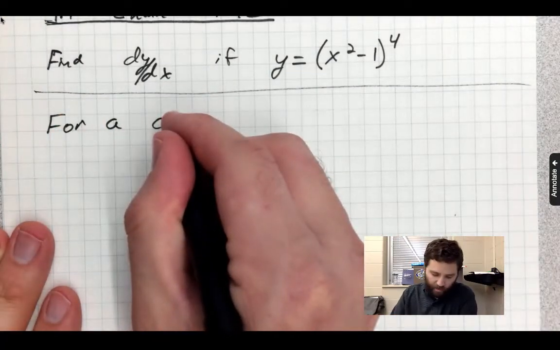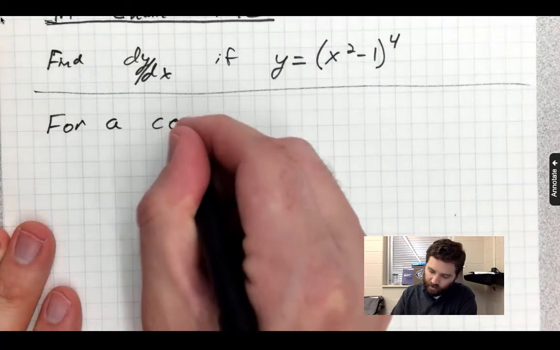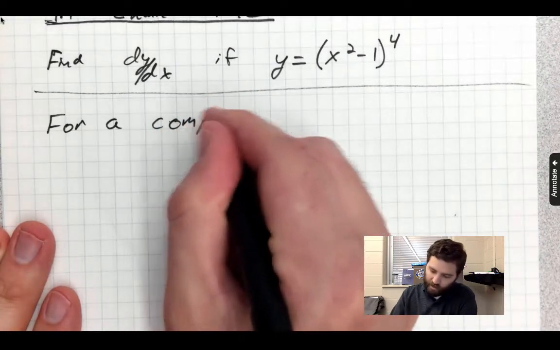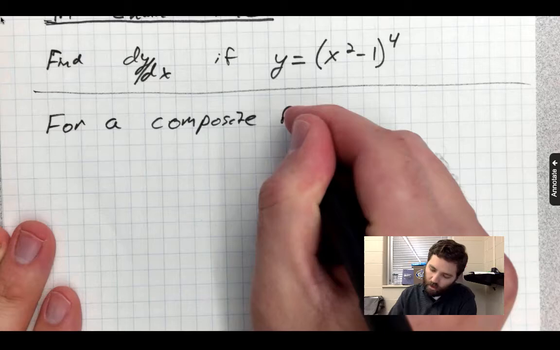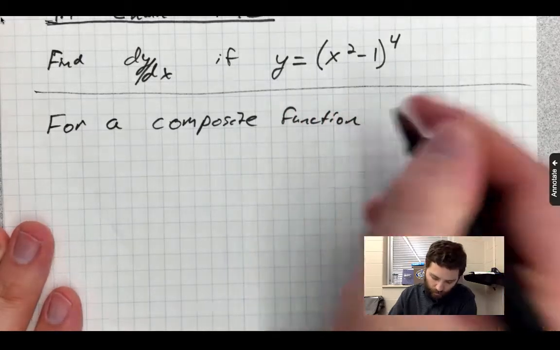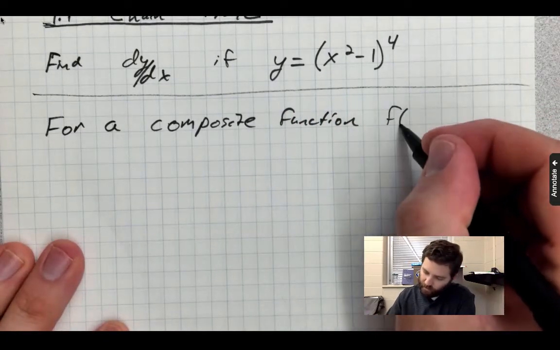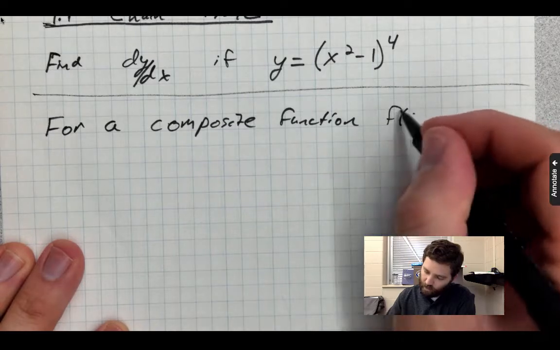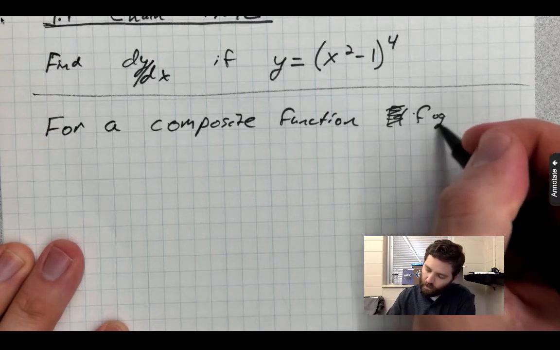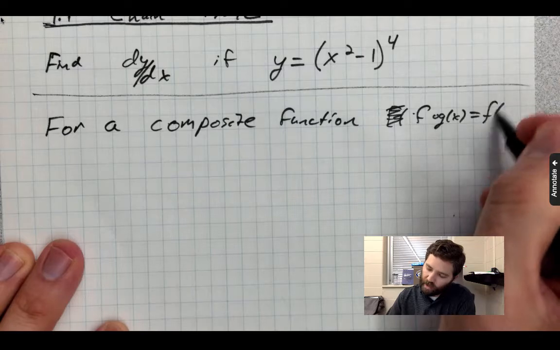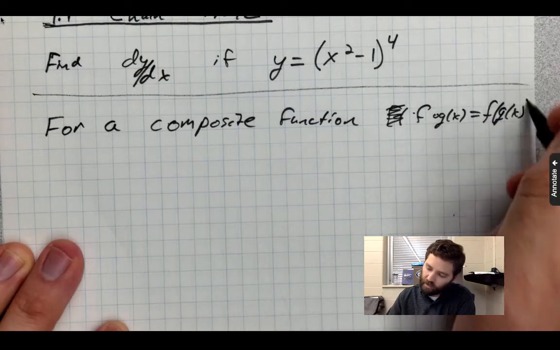So for a composition of functions, or composite function, I guess that would be shorter to write, composite function, f of g of x. Remember, I think it's helpful to write it like this, f of g of x, like that.